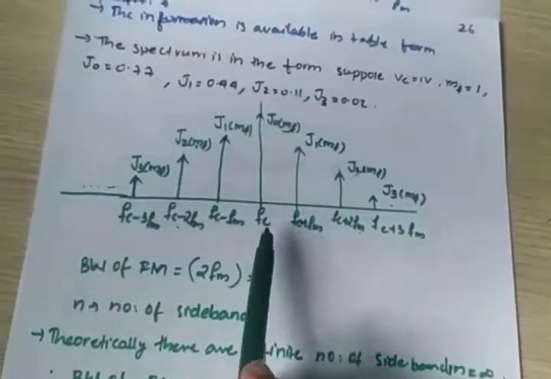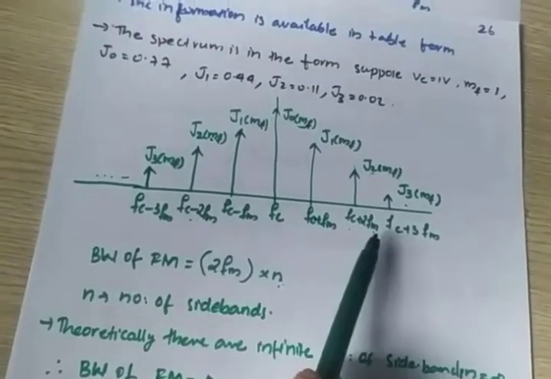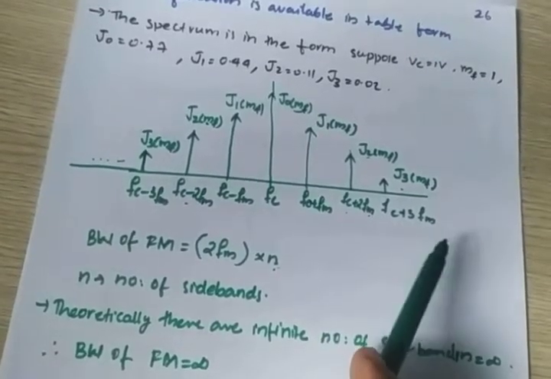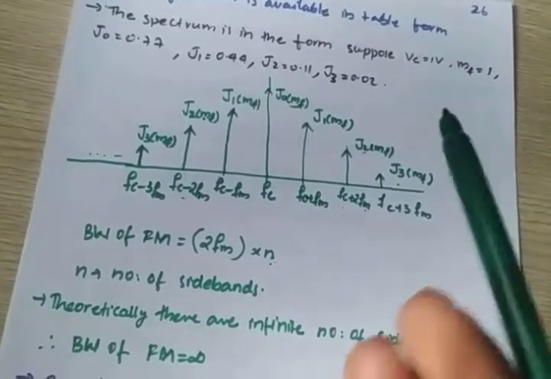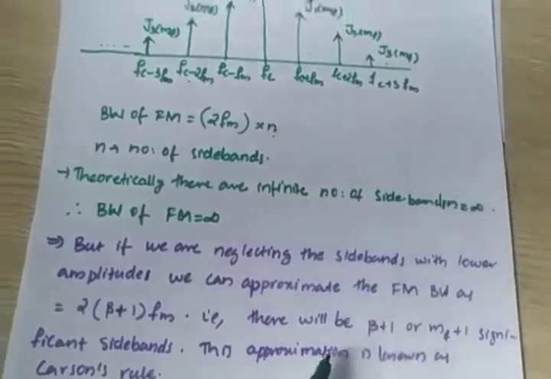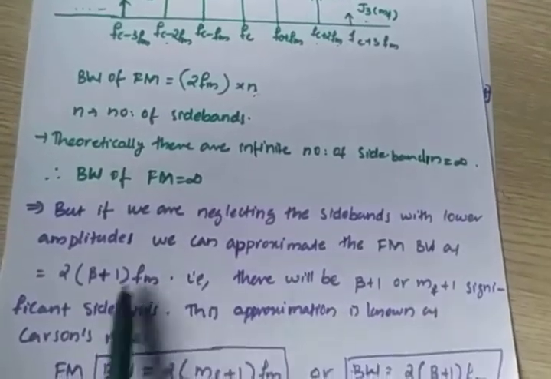That means beta plus 1 upper and lower sidebands have sufficient power. Above beta plus 1, the sidebands have negligible power, so we can neglect them. About 99.9% of the power is obtained within beta plus 1 upper sidebands.